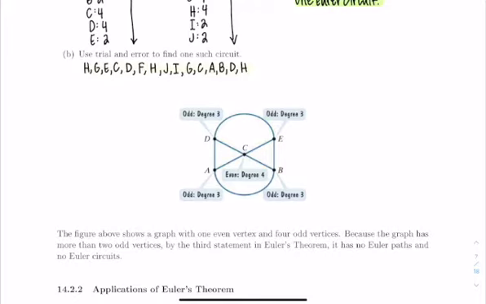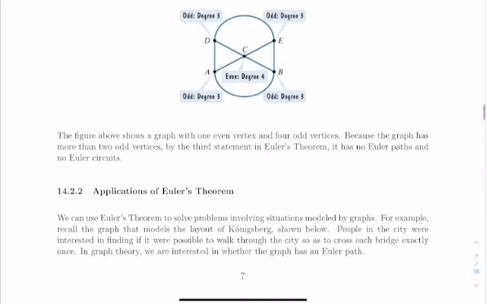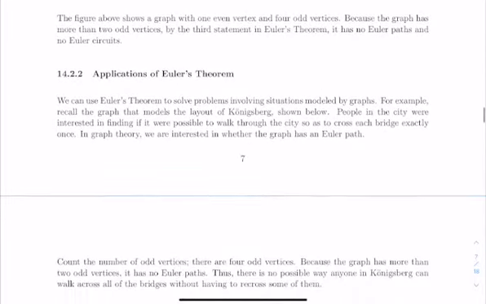We can use Euler's theorem to solve problems involving situations modeled by graphs. For example, recall the graph that models the layout of Königsberg shown below. People in the city were interested in finding if it were possible to walk through the city so as to cross each bridge exactly once.